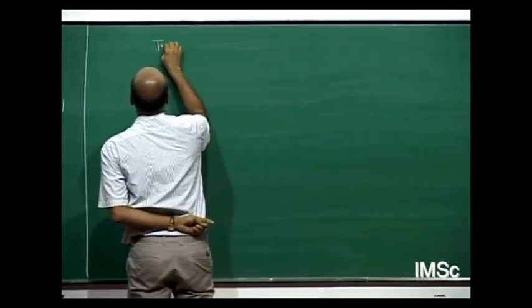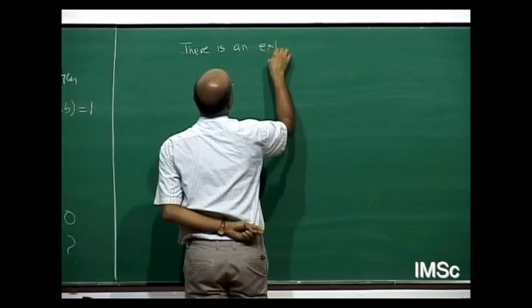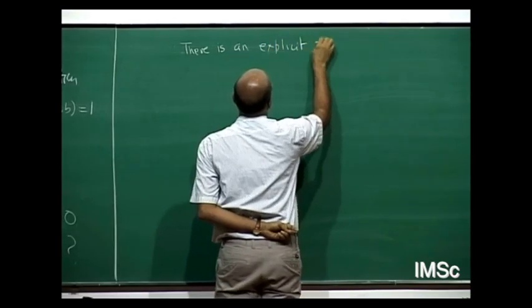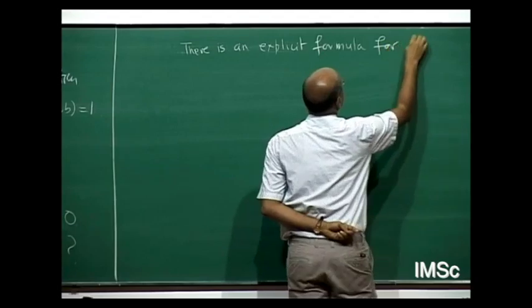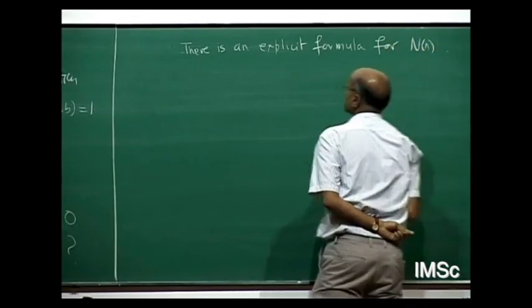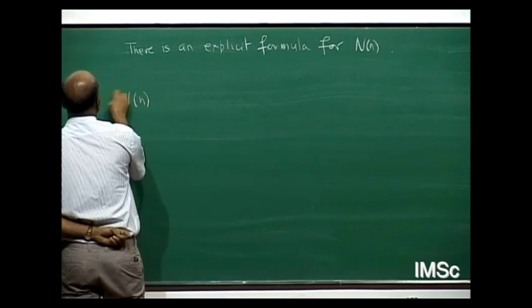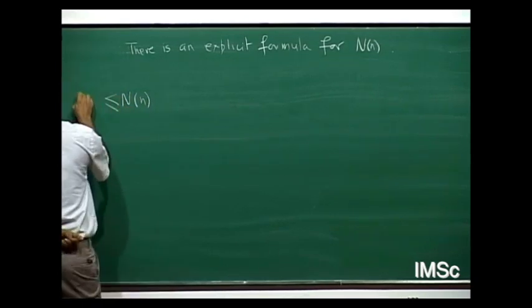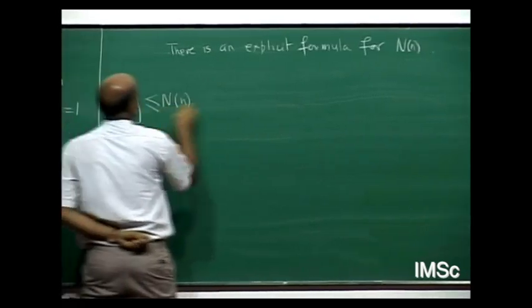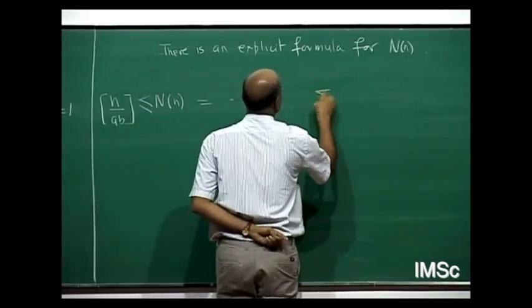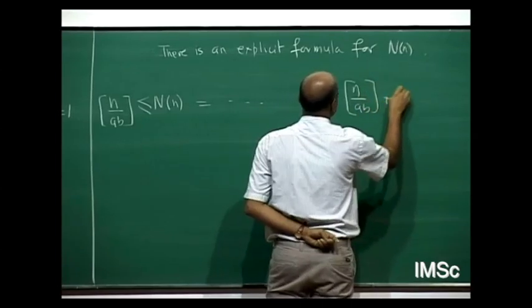For this particular question, there is an explicit formula for N(n), which goes as follows. It is known that N(n) lies between the integral part of n by ab and that plus 1.